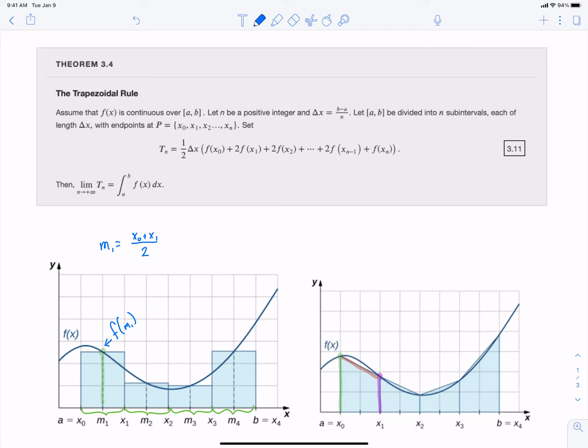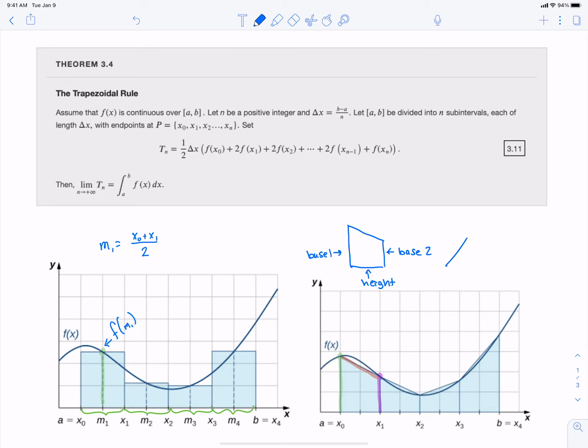So how do you find the height of a trapezoid? The way to view this trapezoid is that it's a trapezoid on its side, so this is one of the bases, base 1, this is another base, base 2, and this is the height of the trapezoid.